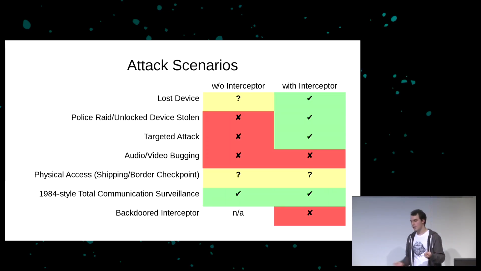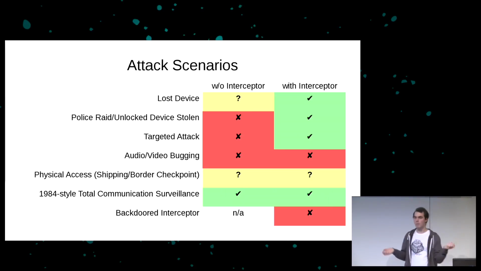And I think we can lower that attack surface by concentrating it on this interceptor device, which really only presents very simple interfaces to the outside world, which I think might be easier to actually audit.